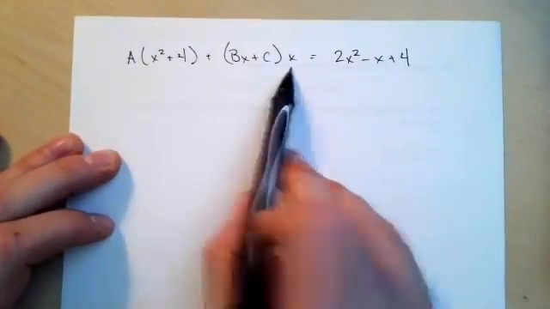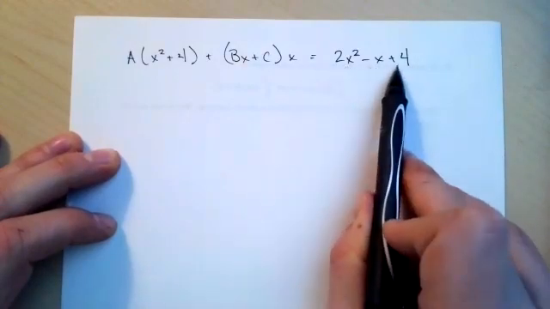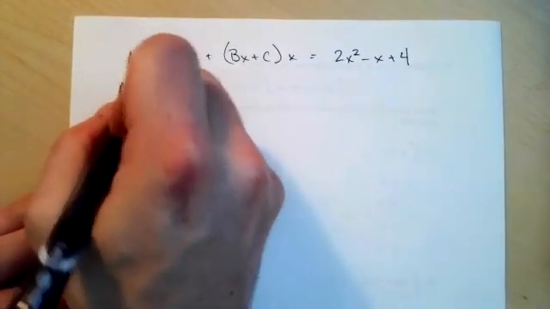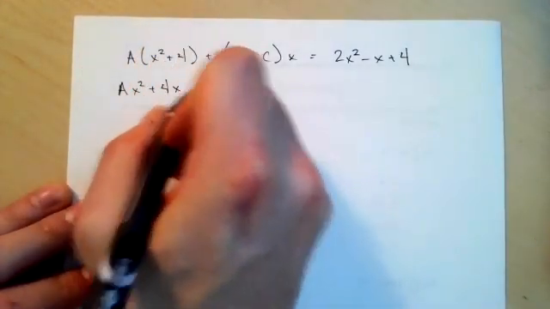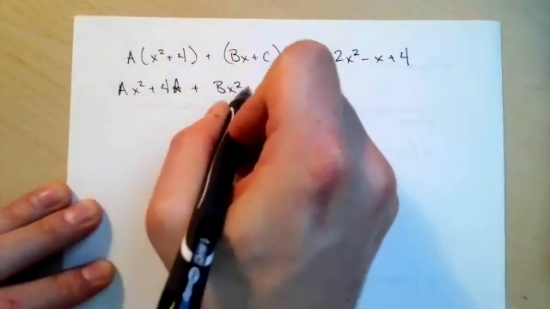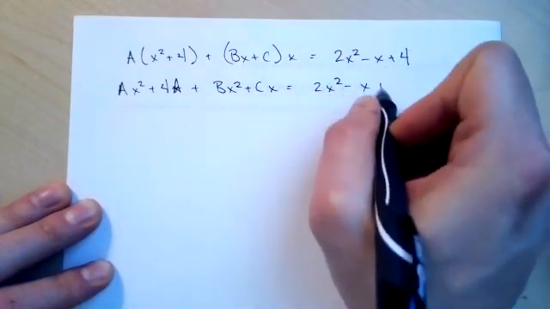We want to write this left side as a nice polynomial: something times x squared, something times x, plus a constant. So we'll have ax squared plus 4a, plus bx squared plus cx, equals 2x squared minus x plus 4.